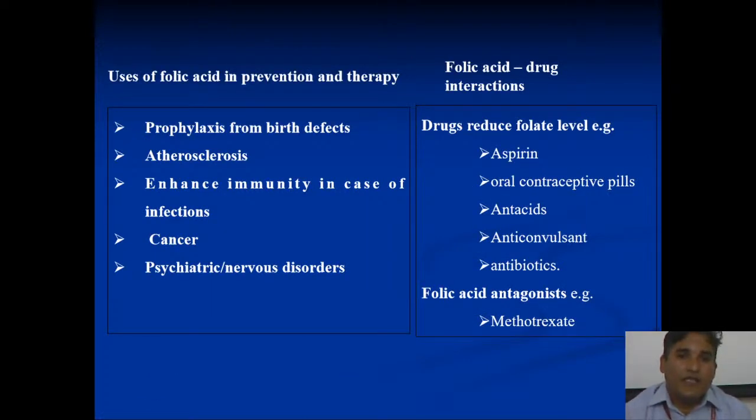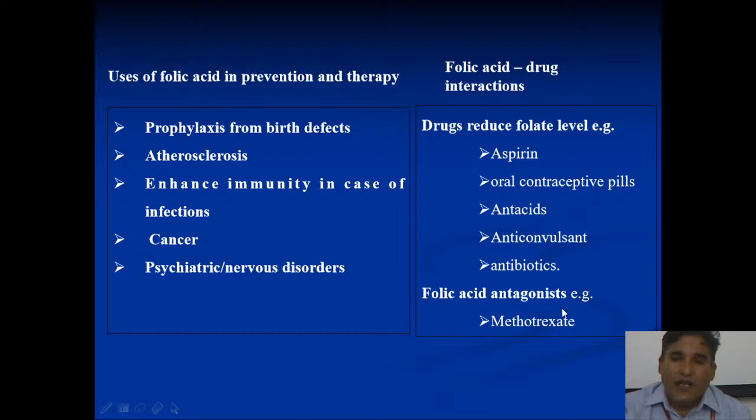Uses of folic acid: as a prophylaxis for birth defects, atherosclerosis, to enhance immunity, and in cancer, psoriasis or nervous disorders. These are the drugs which interfere with the absorption of dietary folic acid: aspirin, oral contraceptive pills, antacids, anticonvulsants, and antibiotics.